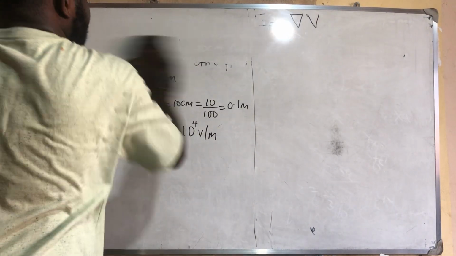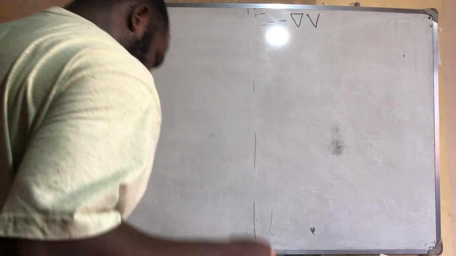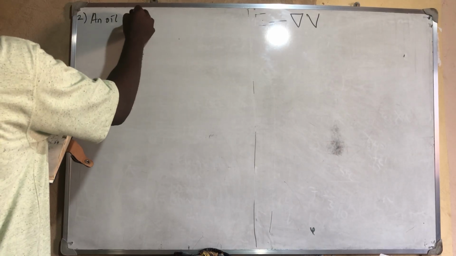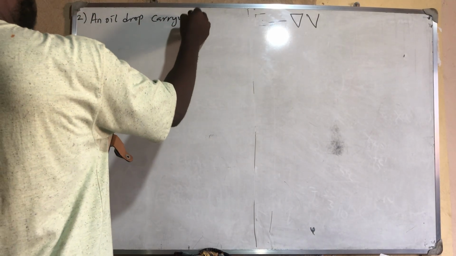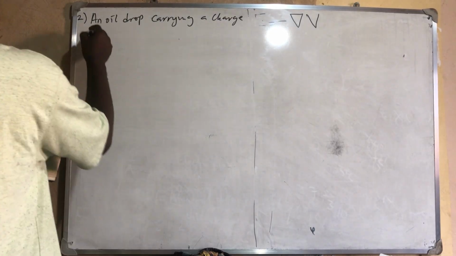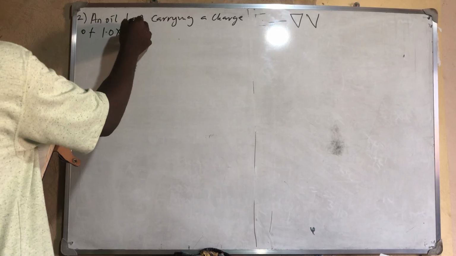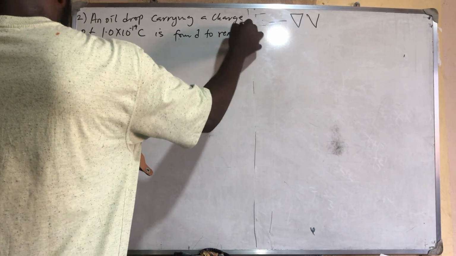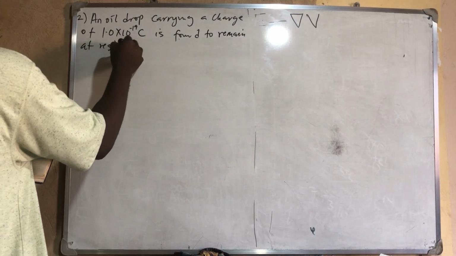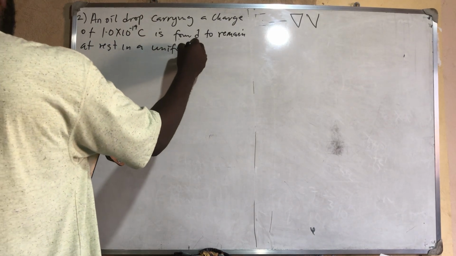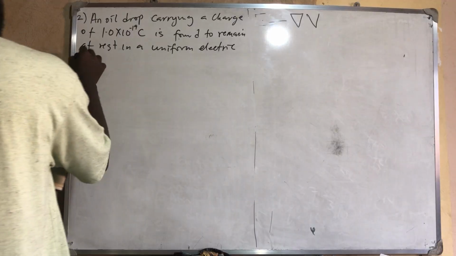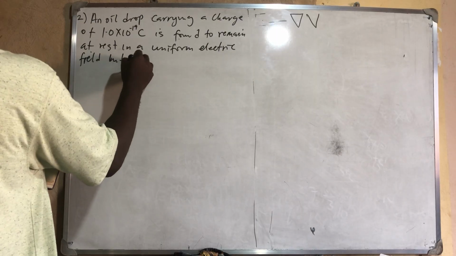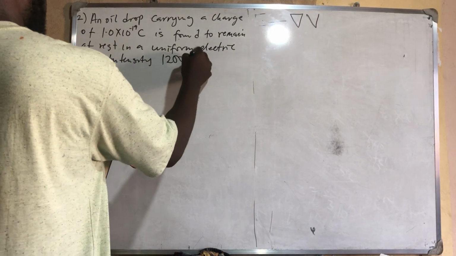Let's take the second question. This is very simple. Number 2 said an oil drop carrying a charge of 1.0 times 10 raised to power minus 19 coulomb is found to remain at rest in a uniform electric field intensity of 1200 Newton per coulomb.